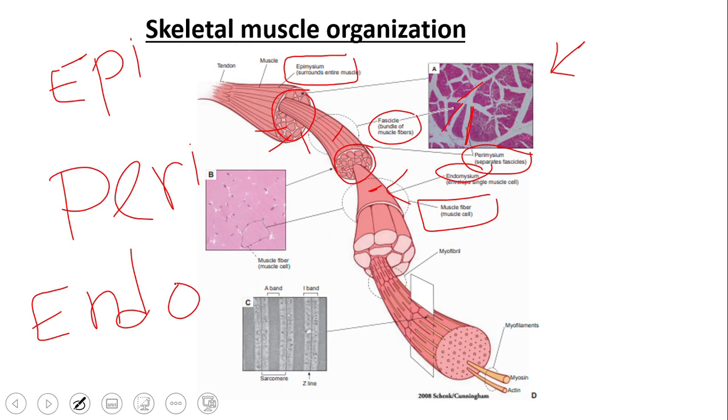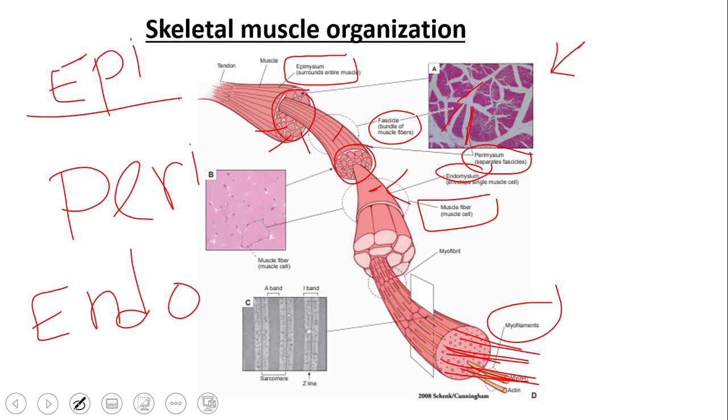Now, each muscle cell has myofibrils like cylinders inside, and the myofibrils are the reason for the striated appearance of the skeletal muscles under the microscope. So again, the whole muscle is covered from outside with an epimysium.